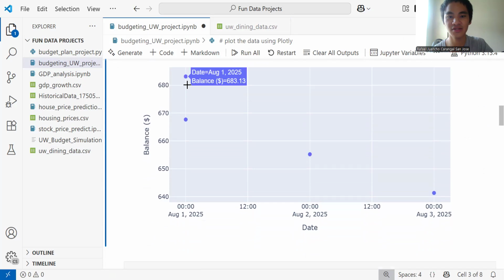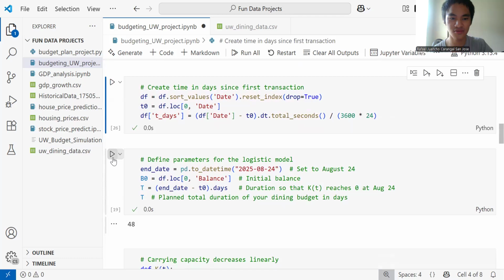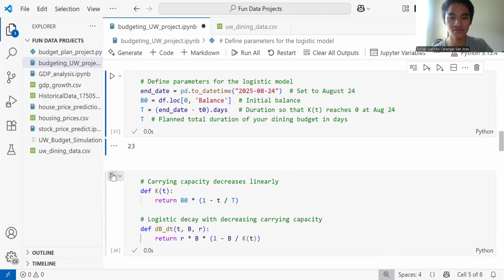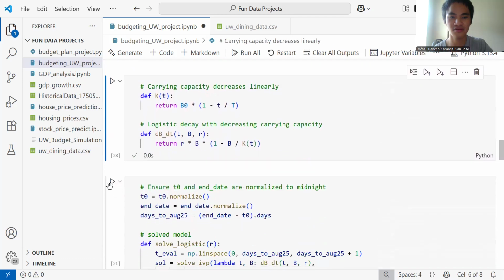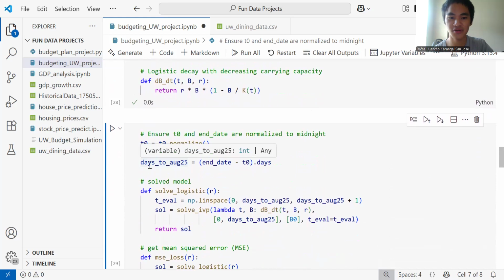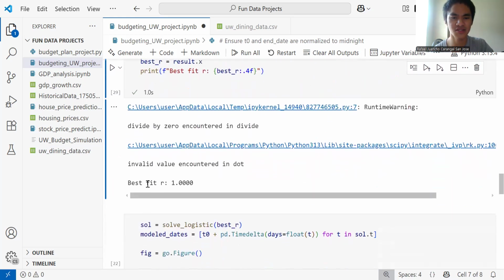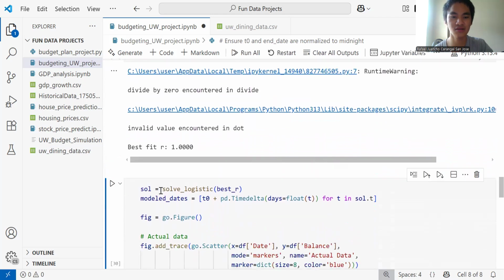okay. Now I have lesser data from August 1 to 3. I don't know how it's going to simulate, but it should tell me. Now I have 23 days, because the starting point, August 1, plus 23 is August 24. The best fit of R is 1.